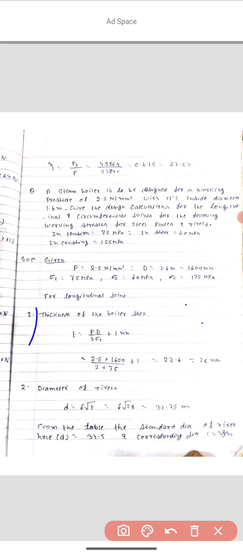second, the diameter of the rivet, that is d is equal to 6 root t. Now t is 28 mm, so d is equal to 31.75 millimeter.